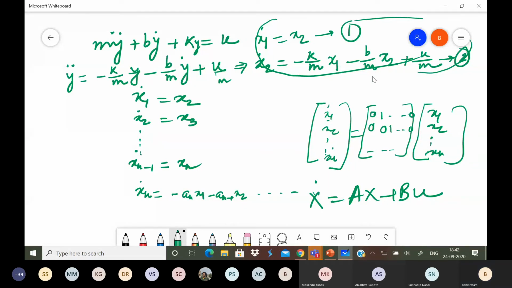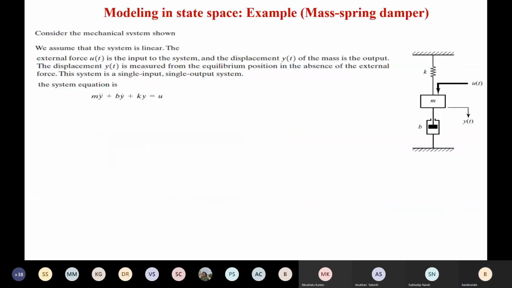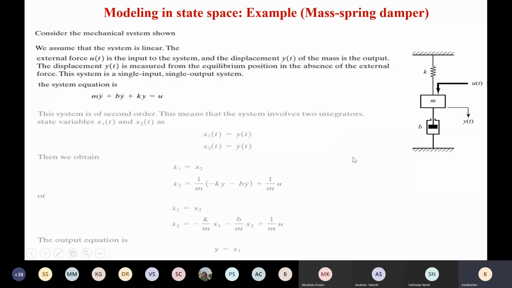The input vector u is multiplied by B, which will simply be 0 and 1 by m. Please try to understand this, and if you face any difficulties, please let me know.